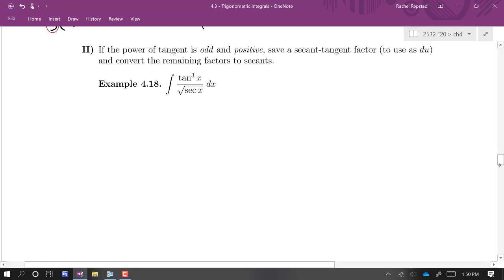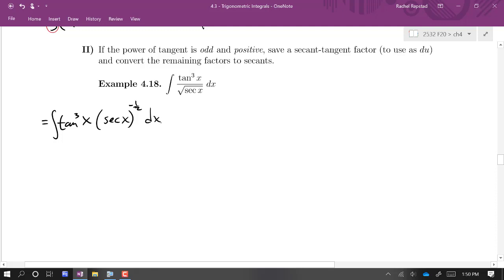So we've got a secant tangent factor that we're going to peel off. The first thing I'm going to do is rewrite this integral. I've got a square root of secant in the bottom, so I know that's a negative 1/2 power. So we have tan cubed x times secant x to the negative 1/2 power dx.